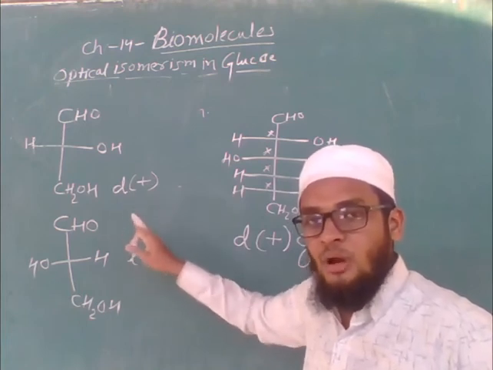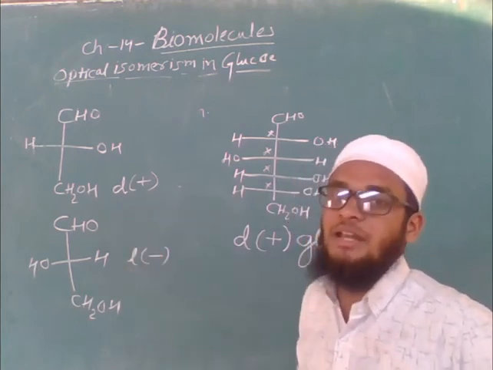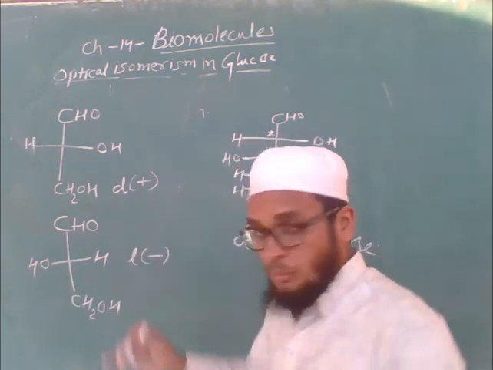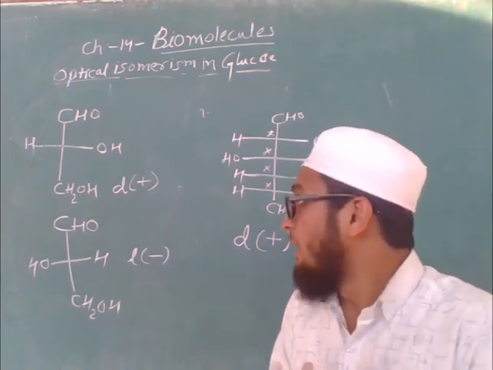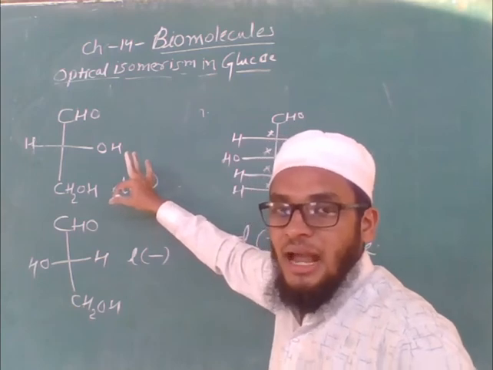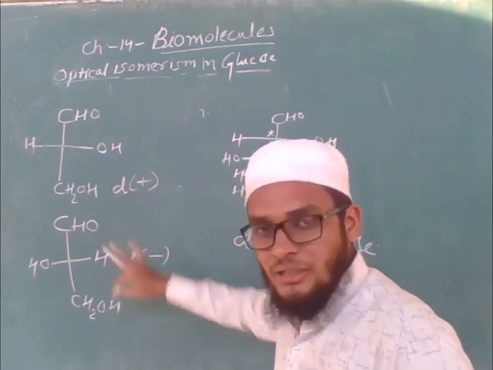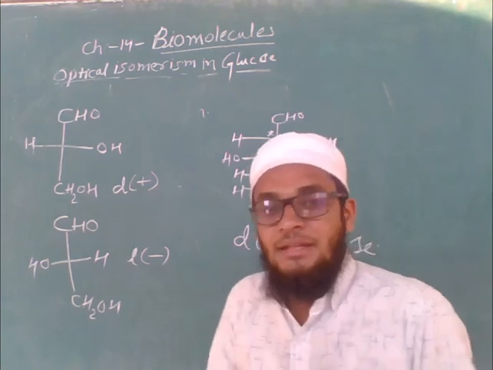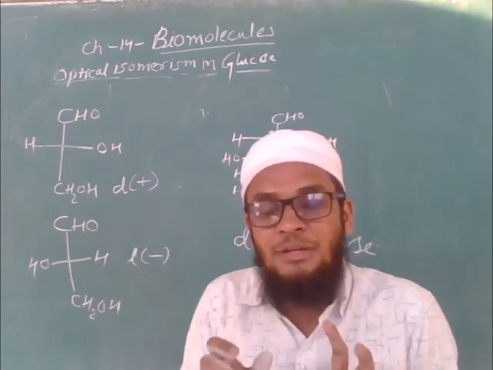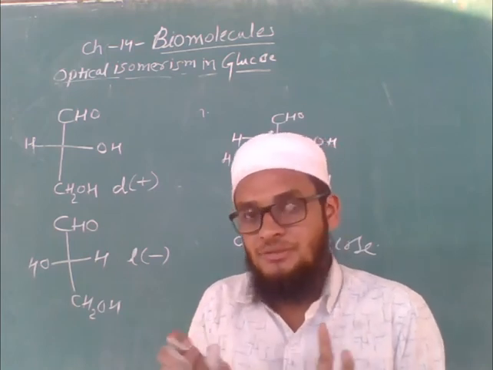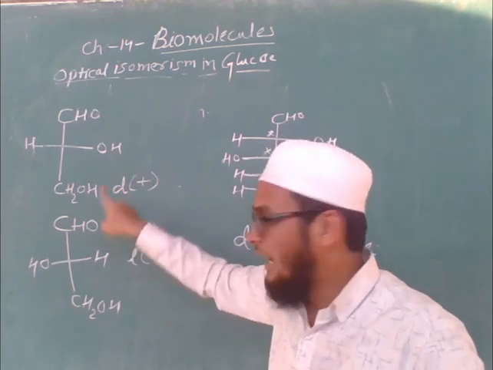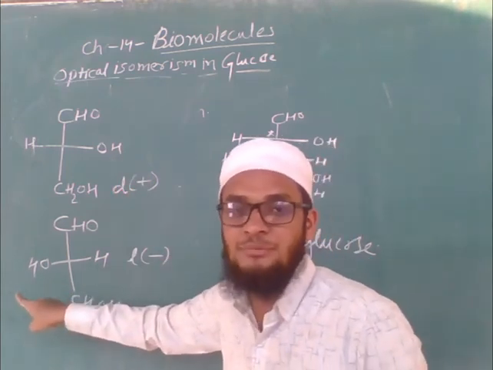What I want to tell you is that glyceraldehyde and its mirror image are both glyceraldehyde, but they have a chiral carbon. This chiral carbon has a different arrangement of atoms in space. As you can see, it has the OH group towards the right side and this mirror image has it towards the left side.